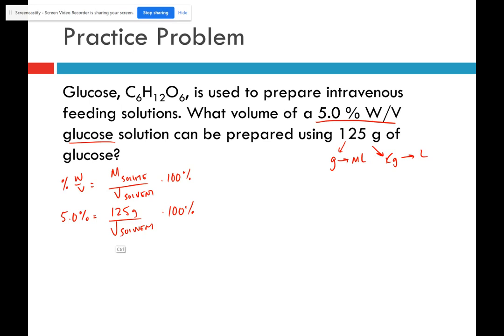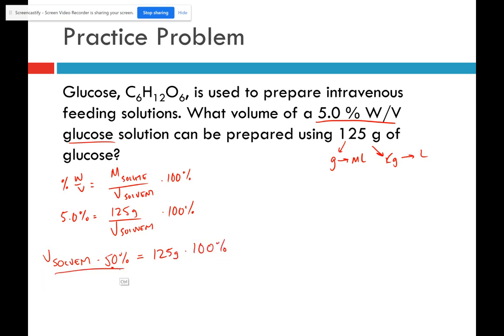So volume of solvent is on the bottom. It can't be on the bottom, it's got to be on the top. So I'm going to multiply both sides by volume of solvent times 5%. It's going to equal 125 grams times 100%.